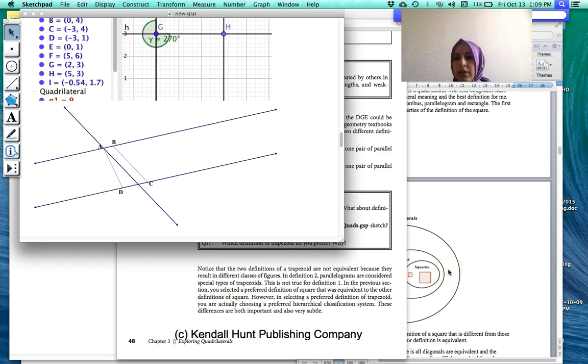Definition 1, a trapezoid is a quadrilateral with exactly one pair of parallel sides, was used in the quads.gcp sketch. As you see in my sketch, there is just one pair of parallel sides: AB is parallel to DC. On the other hand, AD is not parallel to BC.